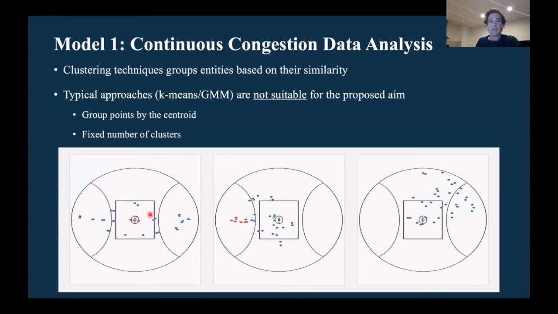You can see here these are three separate time points in Australian football, and at each time point, we may need a flexible number of clusters to group players into. The first one, we only have one discernible cluster. The second time point, we have multiple, and then for the third one, we may need no clusters.